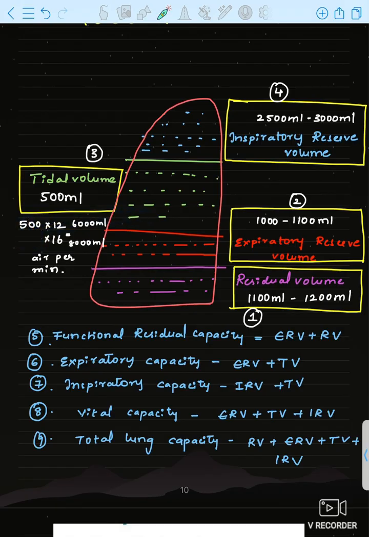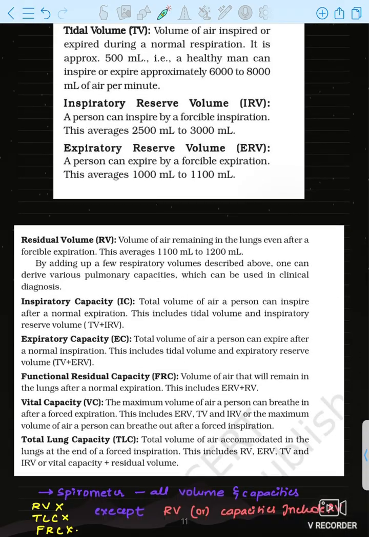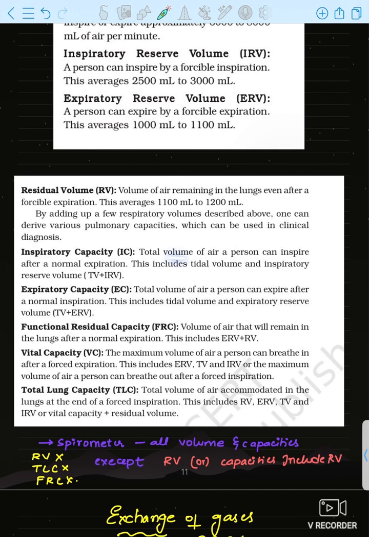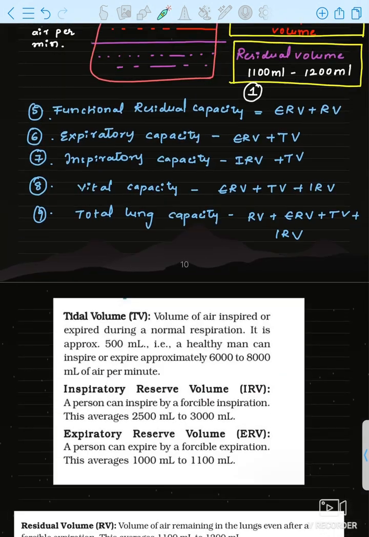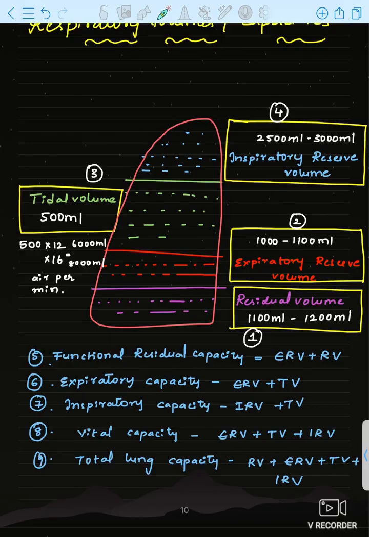Now what will he do again? Inspiration. Normal tidal volume will occur, normal inspiration, and next forceful inspiration after normal expiration. Total volume of air a person can inspire after normal expiration, that is tidal volume and inspiratory reserve volume.